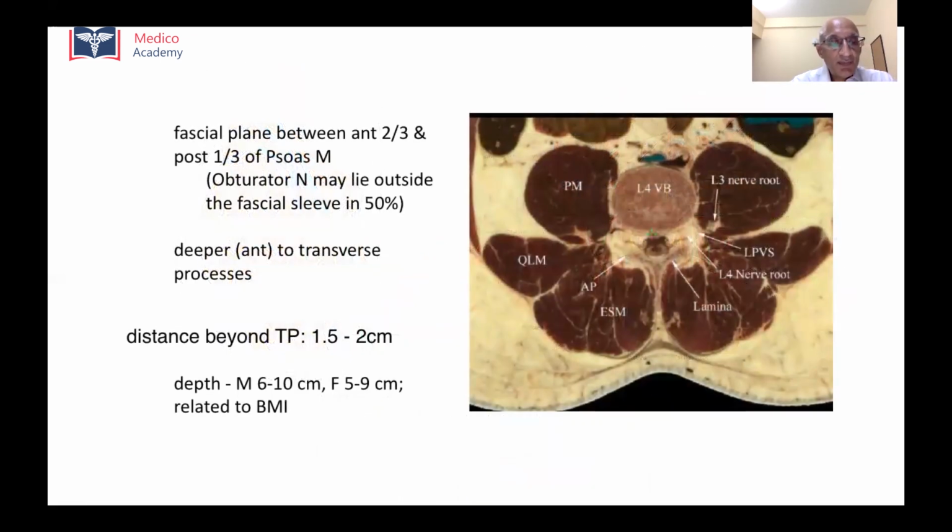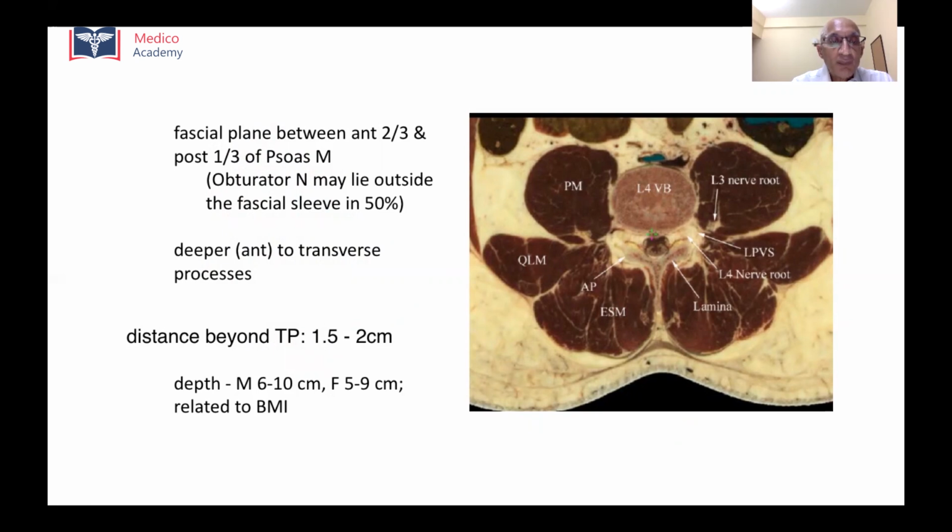Lumbar plexus is formed in the psoas muscle as the ventral nerve roots come out to lay in the plane between posterior 1/3 and anterior 2/3 of the muscle. Here nerves form, and the obturator nerve may lie outside this fascial plane in about 50% of population.